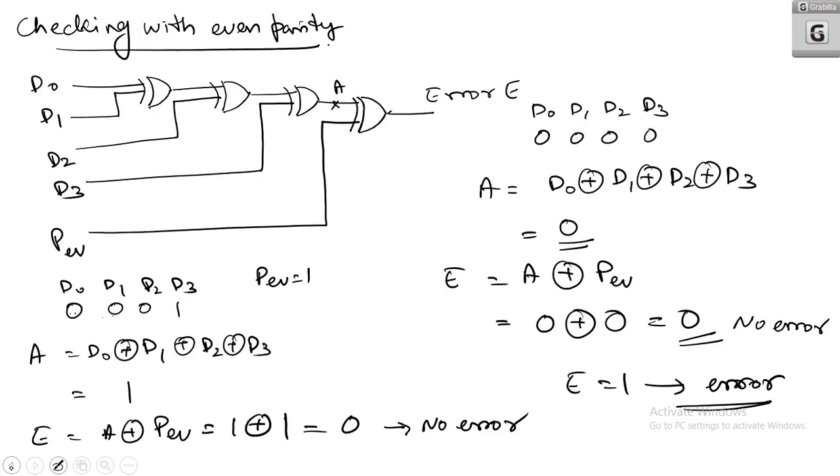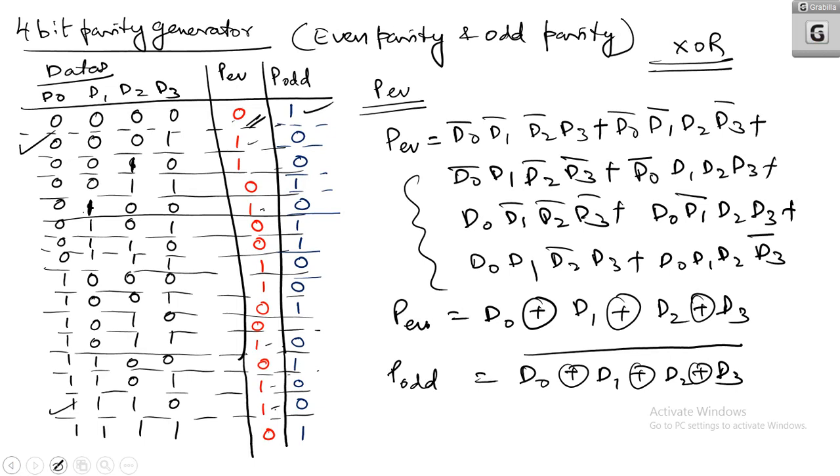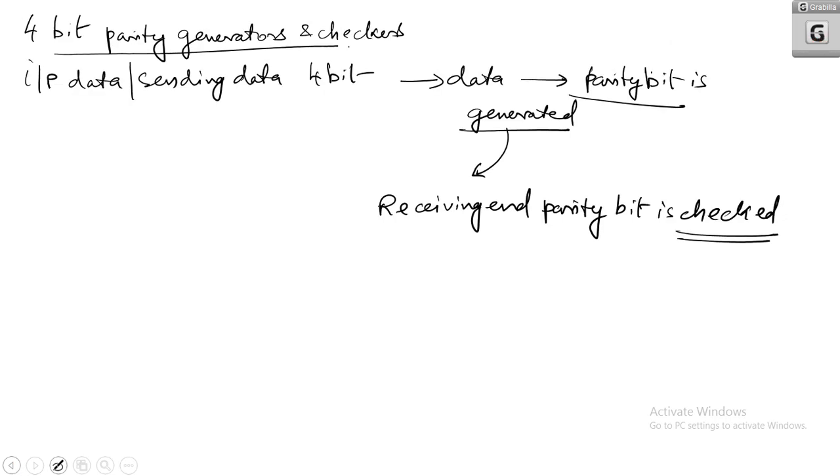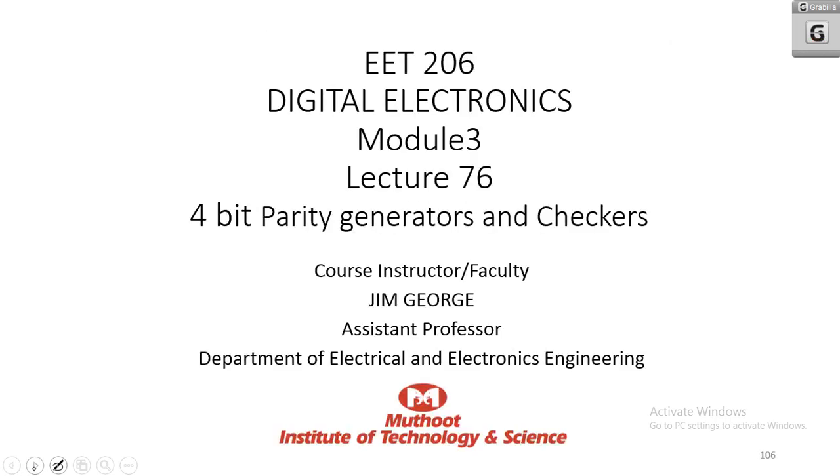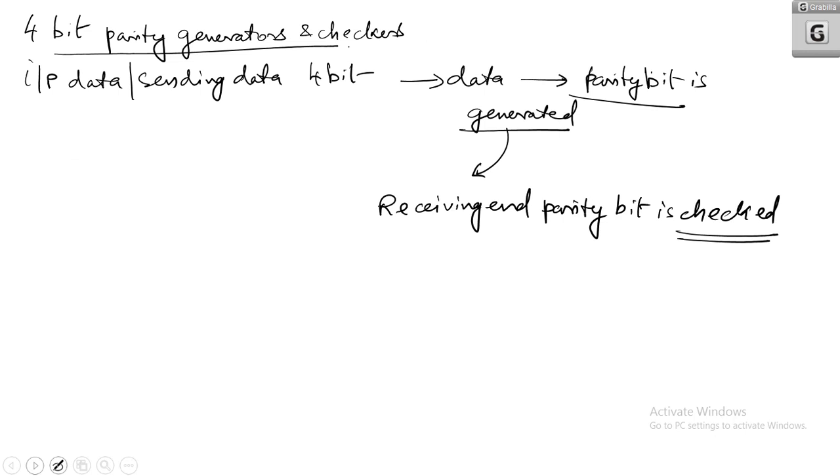So coming back to the basics, or going back to the lecture: here I am dealing with the 4-bit parity generators and checkers. The generation is at the sending end and checking is at the receiving end.